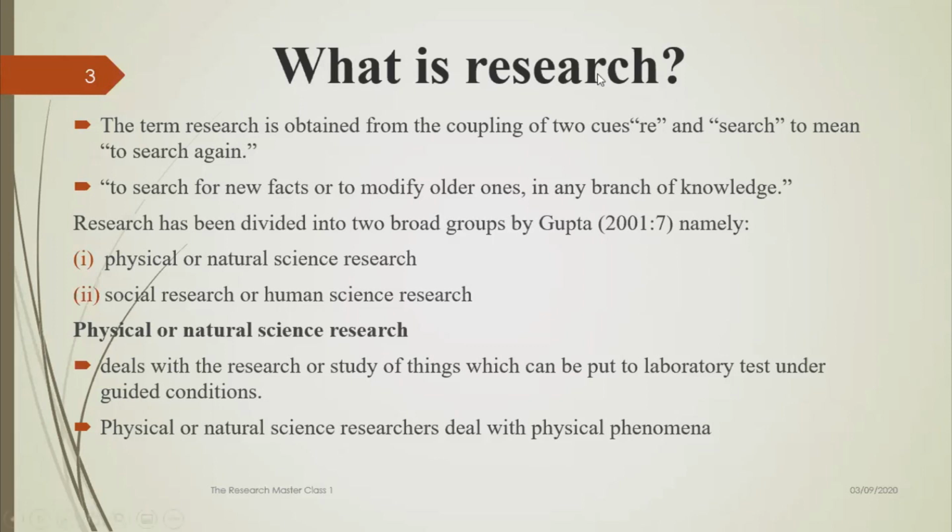So research basically has been divided into two broad groups. We have the physical or natural science research, and then the social or human science research. The physical or natural sciences deal with research carried out in laboratories, and most often under controlled conditions.